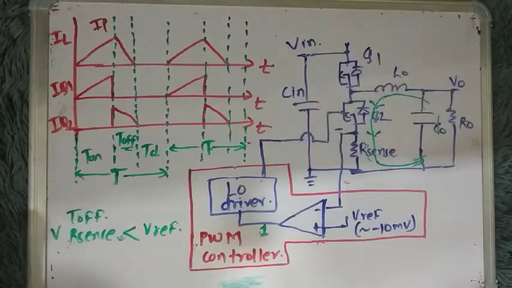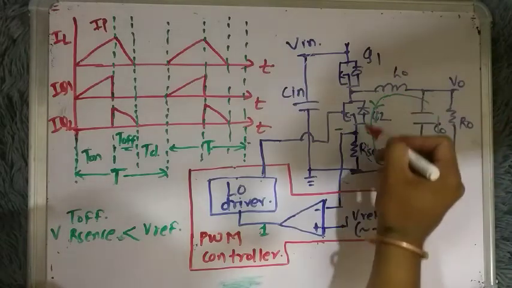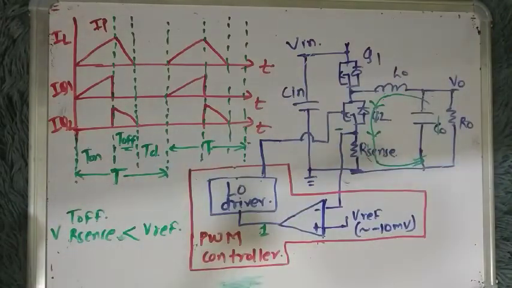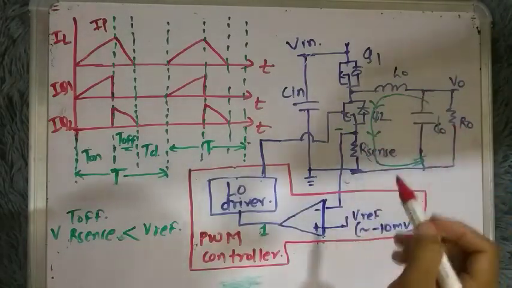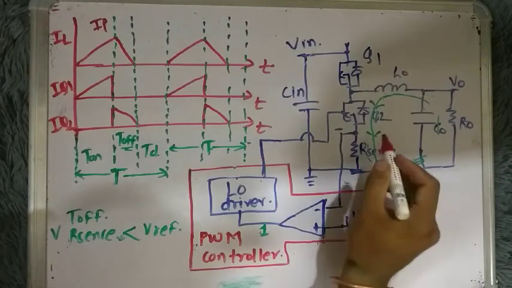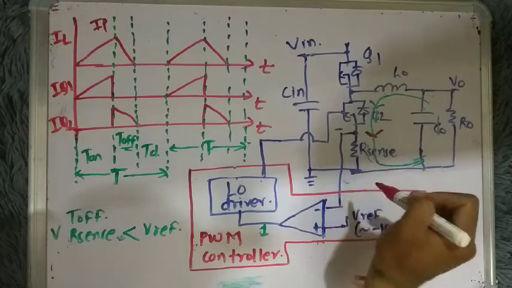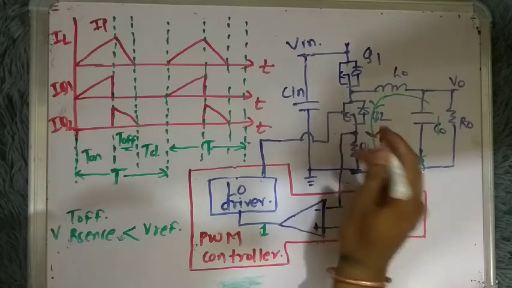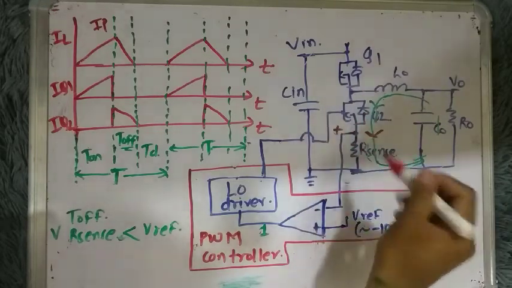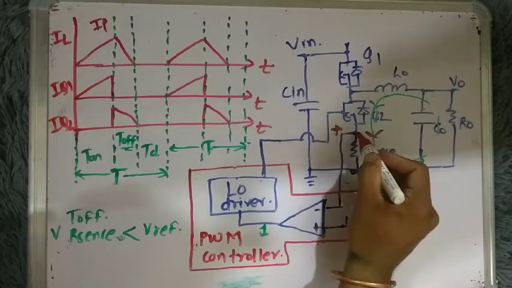Now if we see for this duration which I have shown you, as soon as the T off ends, this reverse current flows, and if we see the current direction through the RSense, it is downwards, right? So the voltage developed across this, this terminal will be plus.